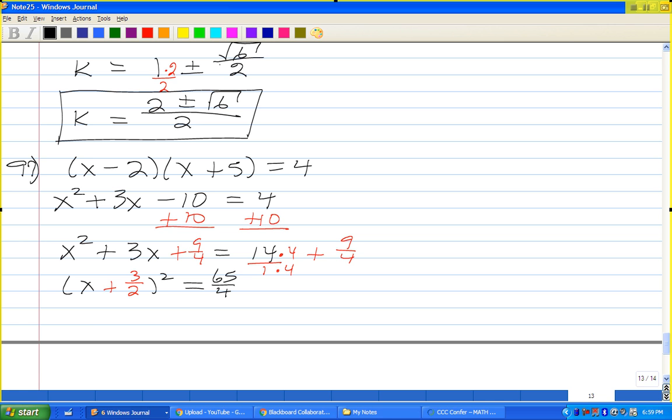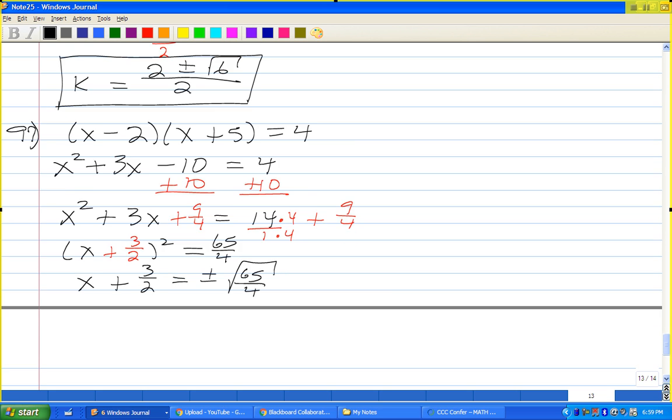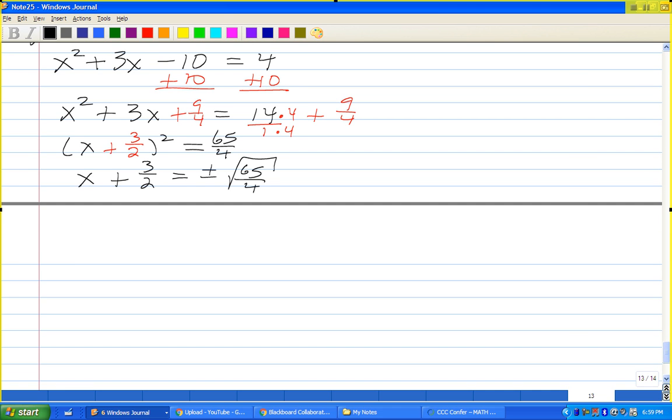So by the square root property, I have that x plus 3 halves is equal to plus or minus the square root of 65 over 4. The square root of 4 is just 2. Let me subtract 3 halves from both sides of my equation.